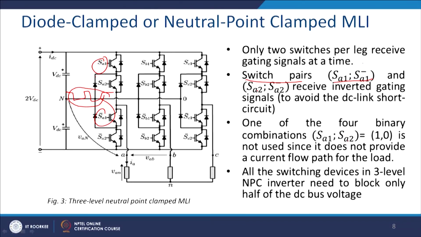One of the 4 binary combinations, that is S1 bar and S2 bar, is not used since it does not provide the current path to the load.